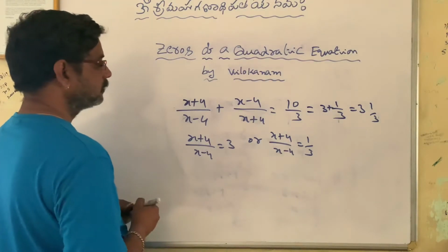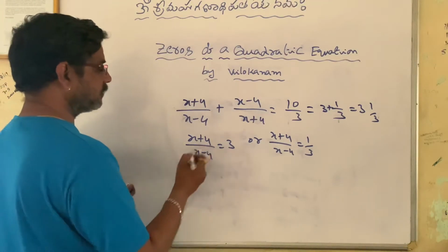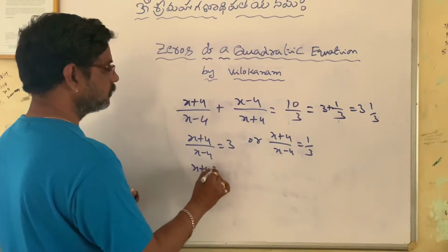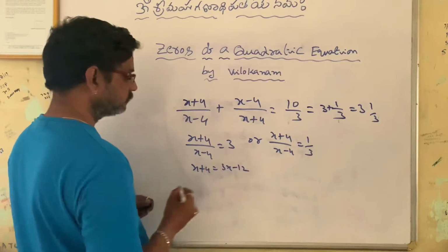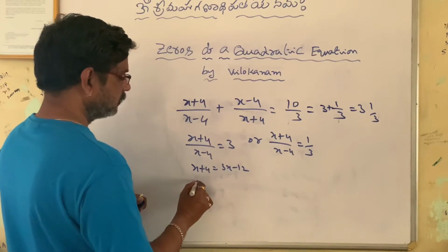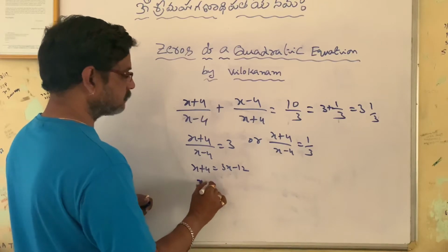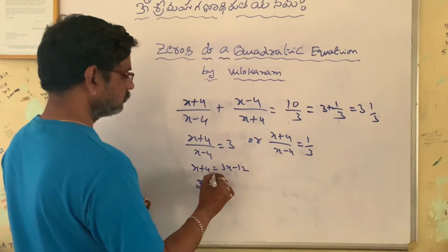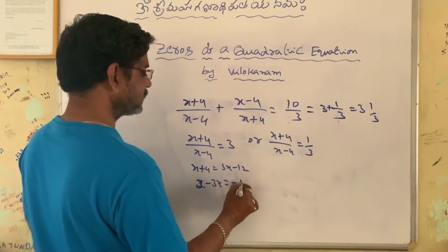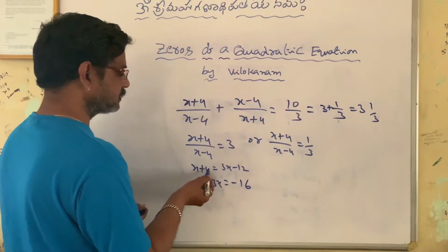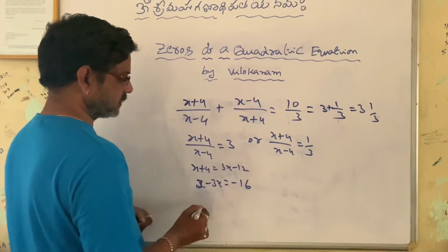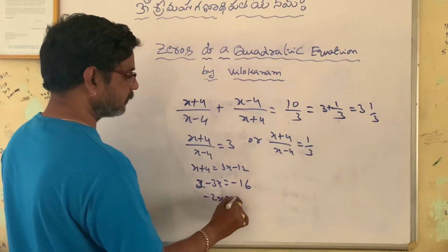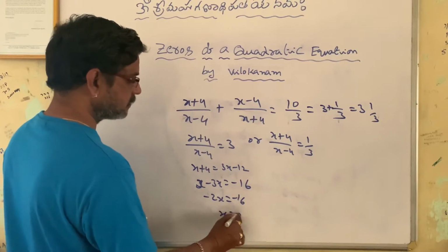Now, if you do cross multiplication, what we will get? x plus 4 is equal to 3x minus 12. Then x minus 3x is equal to minus 16, because when this plus 4 goes to that side, it becomes minus 16. So minus 2x is equal to minus 16, x is 8.